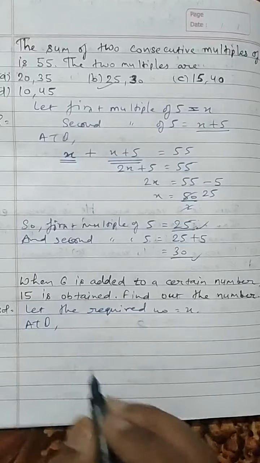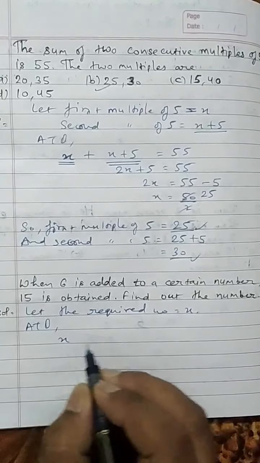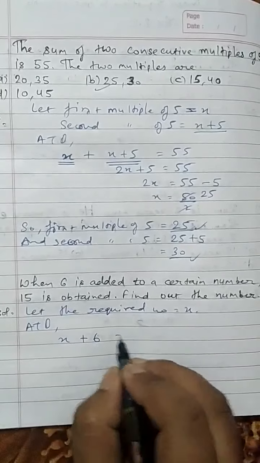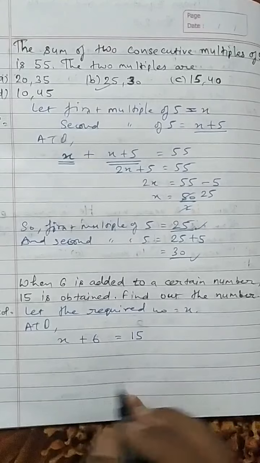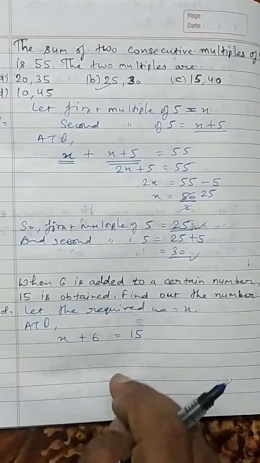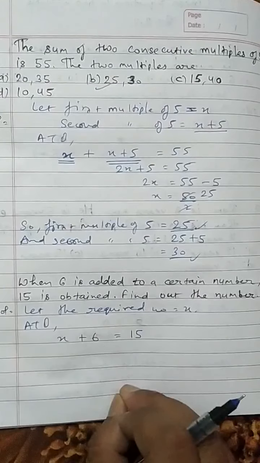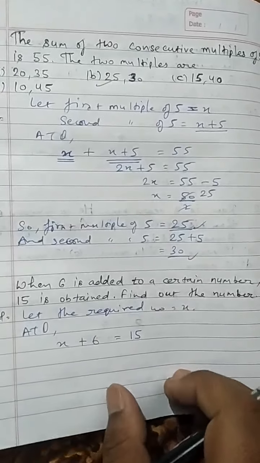According to question, 6 is added to a certain number. We have a number x and 6 is added. On adding them, we get 15 as the sum. Now you can find the value of x, and that value of x will be your answer. Okay, this is your homework.